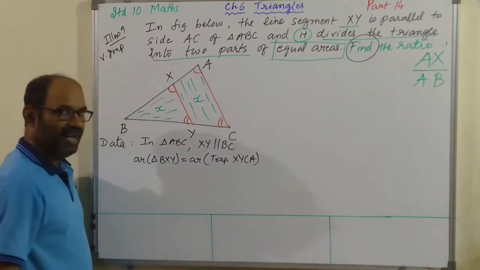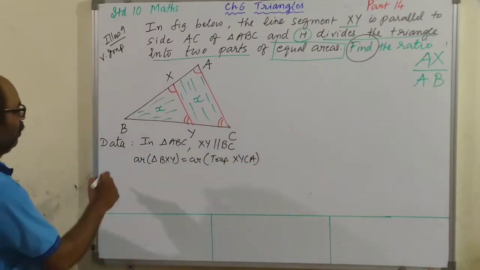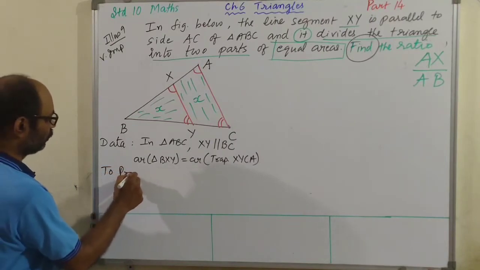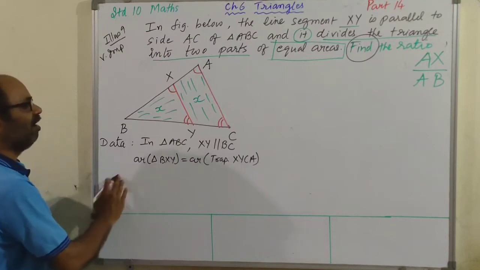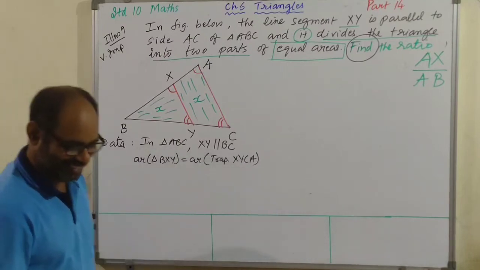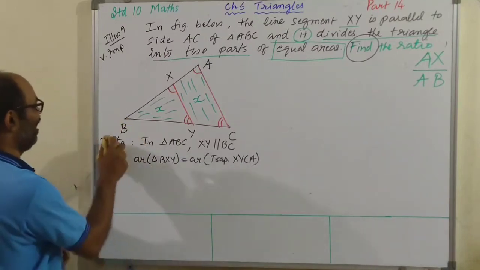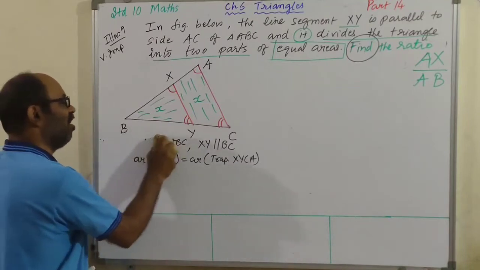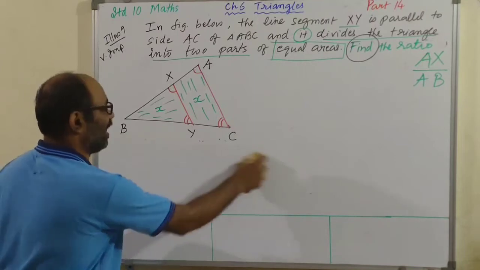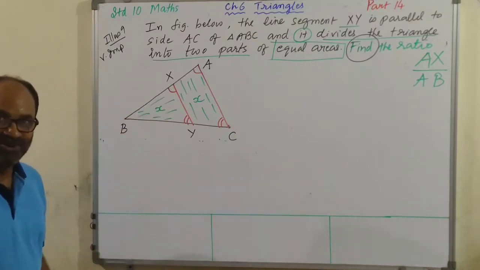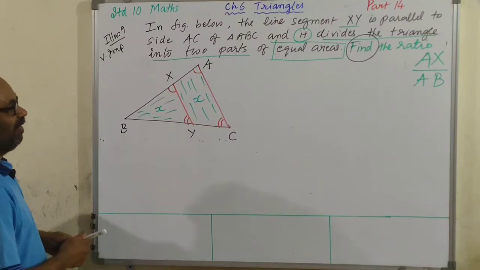That's it. To prove, yes, to find actually. You don't have to write data and all that because we have to find. This is all that is given. Now we have to find, so we can take directly from data, right? It's not to prove. Okay, fine.